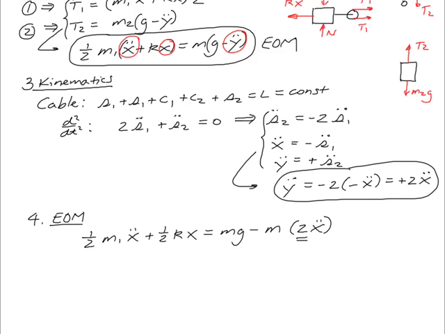The second equation here is an m2. So this has a subscript of m2. And I have an m2 here and m2 there.